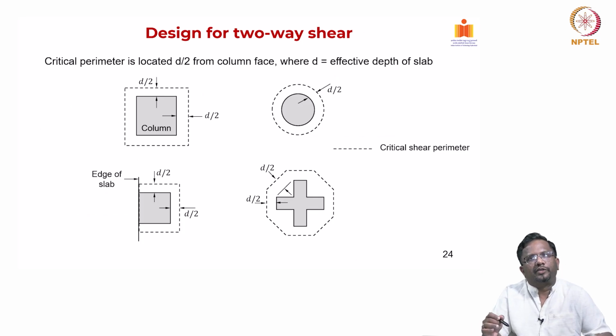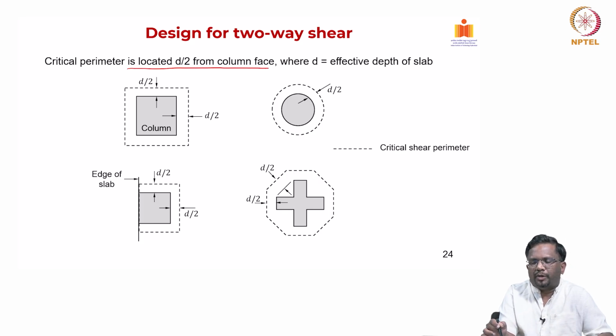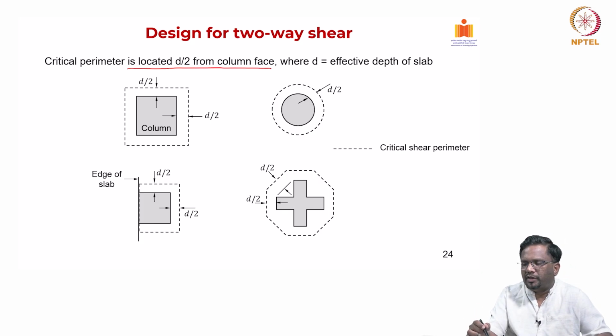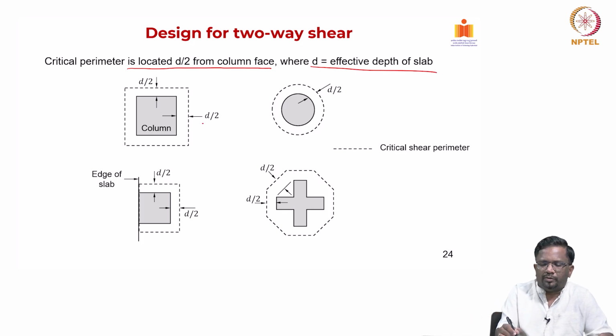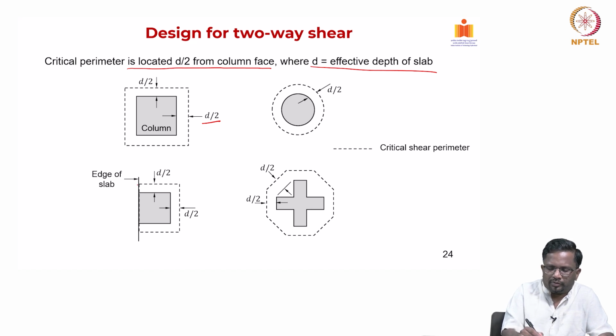Now, what are the critical sections for this punching shear or two-way shear? Typically, the critical perimeter is located at a distance D by 2 from the column face, where D is the effective depth of the slab. You can see D by 2, and for a circular column again D by 2 we take. For the edge slab, again this becomes your critical perimeter, right.